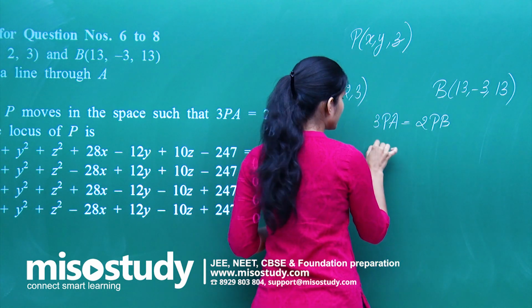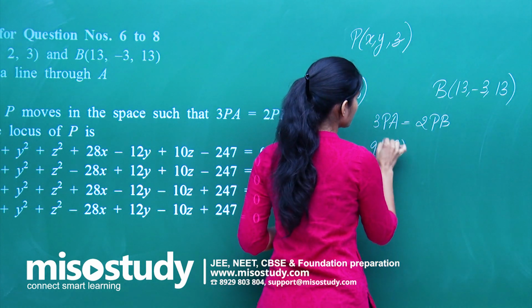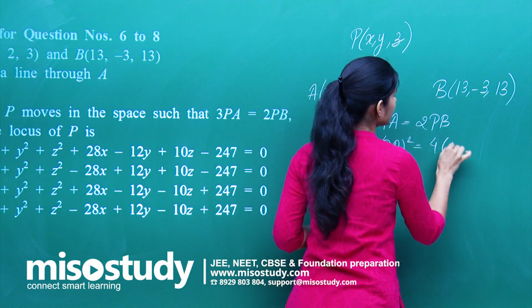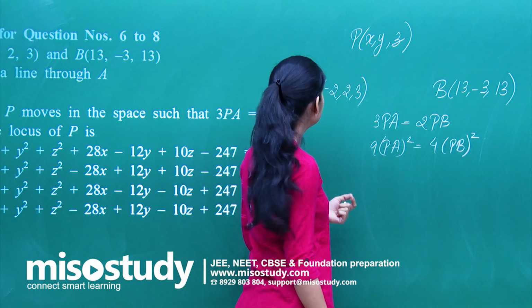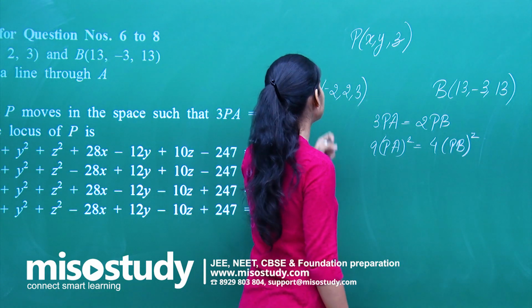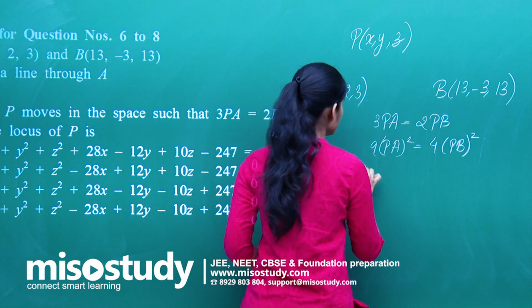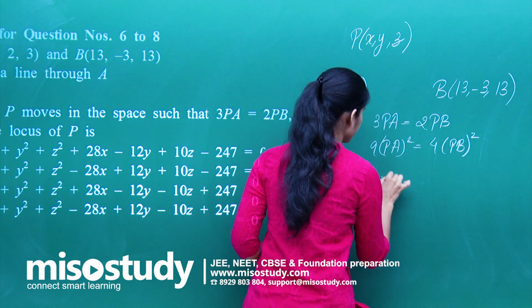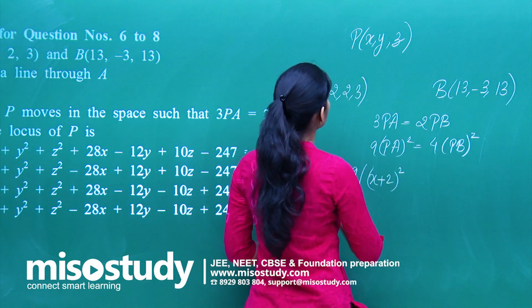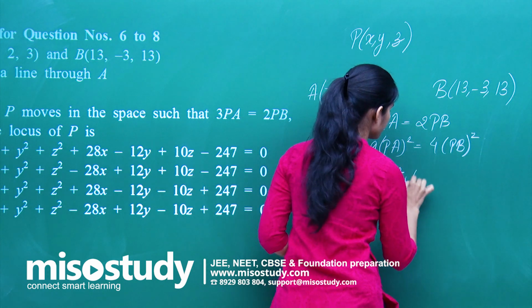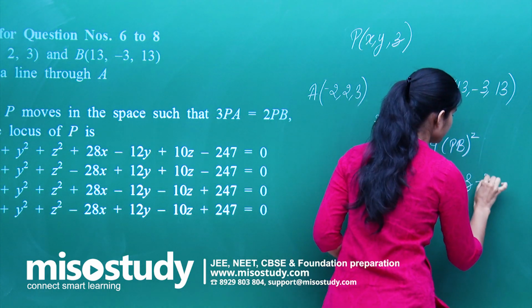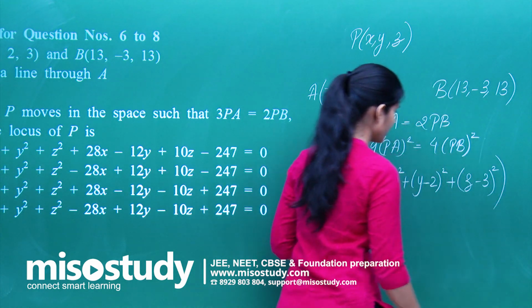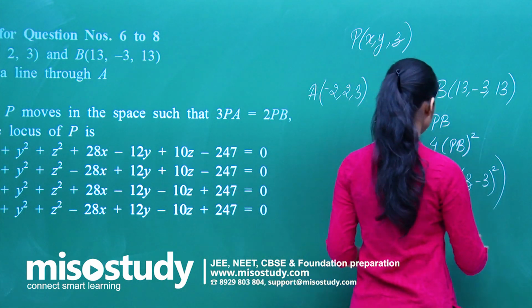If you square both sides, you get 9 times PA square equals 4 times PB square. Right? 9 times PA square. So basically you get x minus minus 2 whole square plus y minus 2 square plus z minus 3 square. Fine.